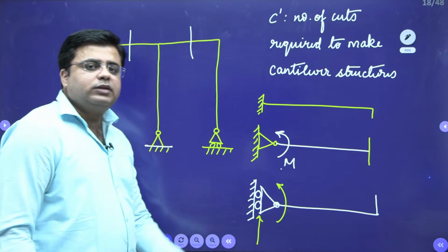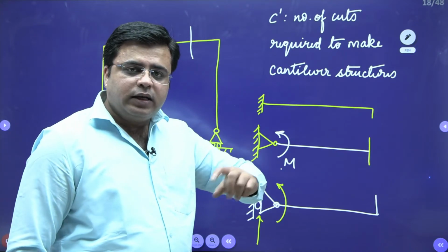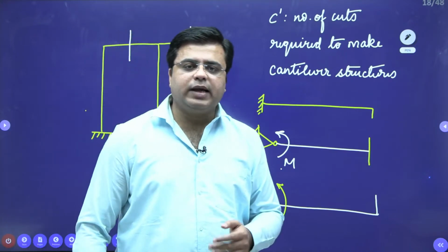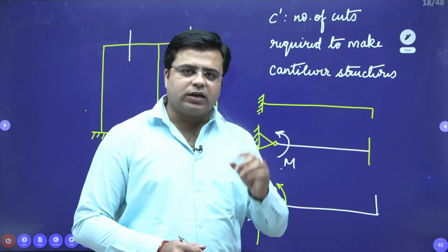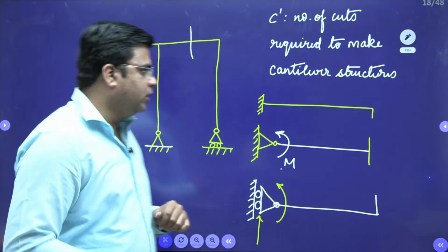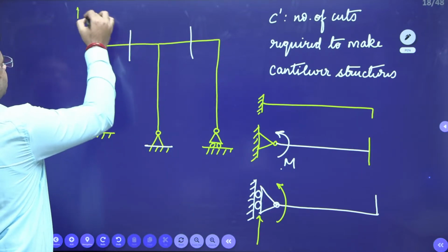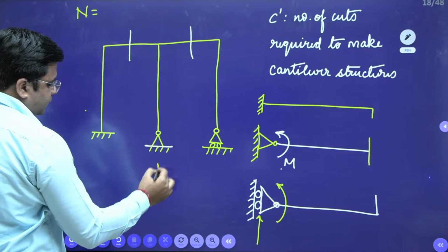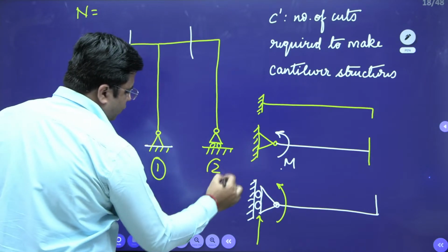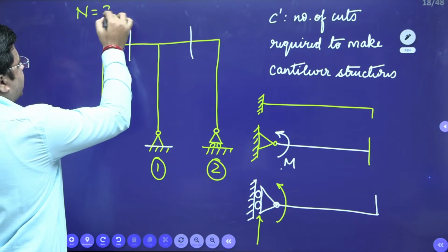So N is the number of reactions that you need to apply from your side to keep the structure stable. For this question, N is 1 for this support and 2 for this support, so the total value of N is 3.